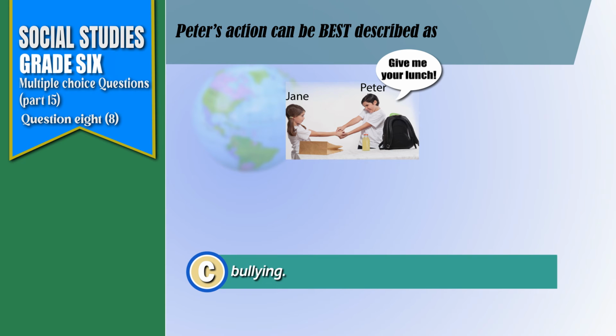Of course, that just doesn't show caring. Neither is he asking nor begging, because to ask or even to beg, it must be done in a very polite manner. So Peter could have said, "Please, can I share your lunch?"